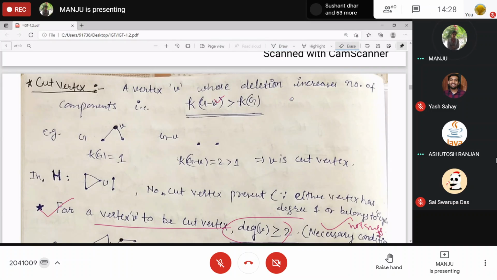No. Right. If we remove that vertex 0 from P1, we are not getting components. Not getting means deletion of that vertex is not resulting in an increase in the number of components.